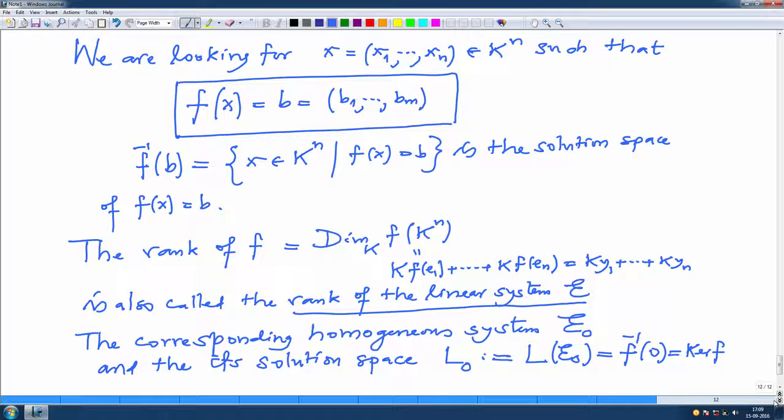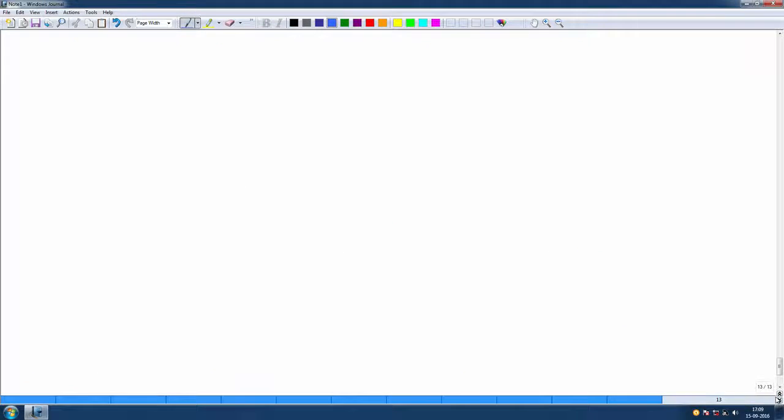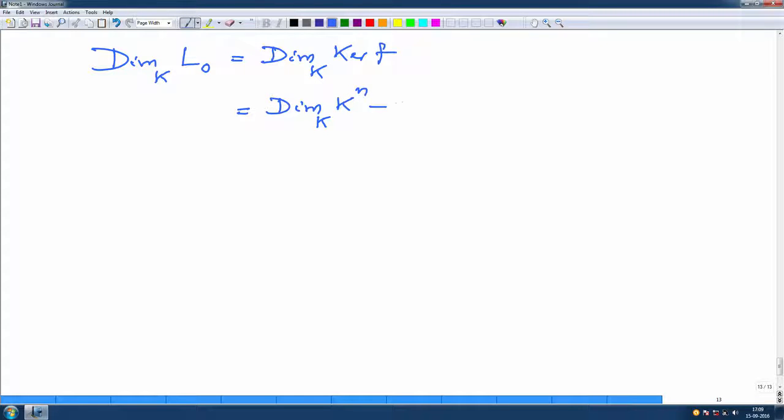So, therefore, the dimension of L0 is nothing but the dimension of the kernel of f, which by the rank theorem is the dimension of V, which in this case is k power n, minus the dimension of the image, the rank of f.